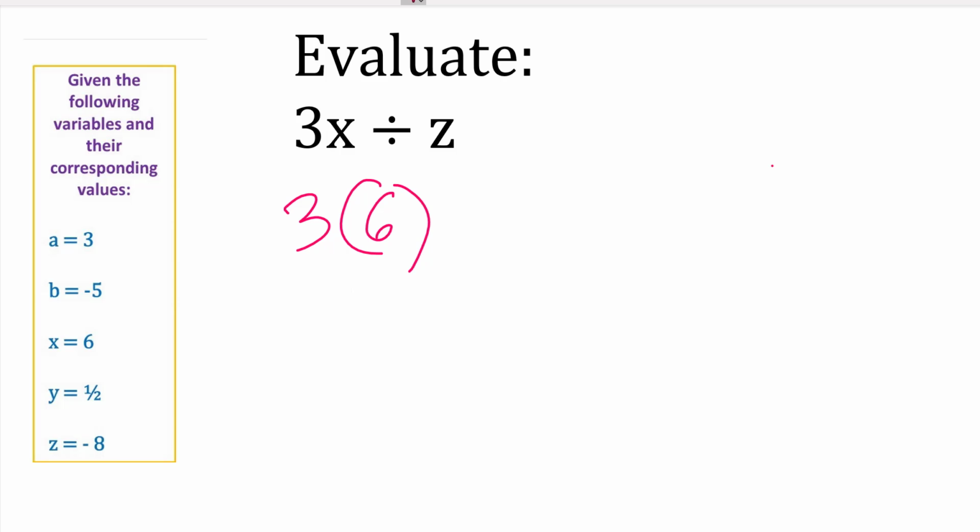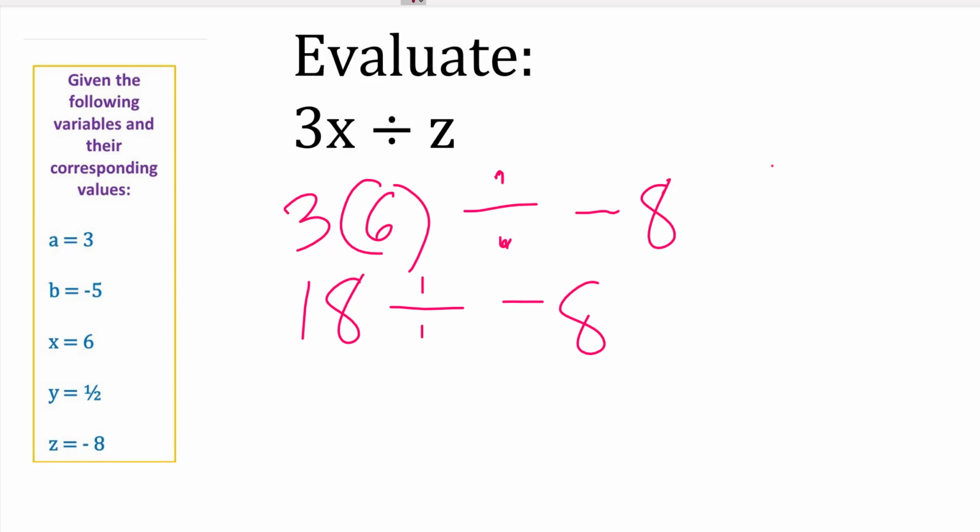Now 3 beside a parenthesis means you have to multiply 3 by the number inside the parenthesis, and divided by z. Of course, z is -8. So this is now 18 divided by -8.